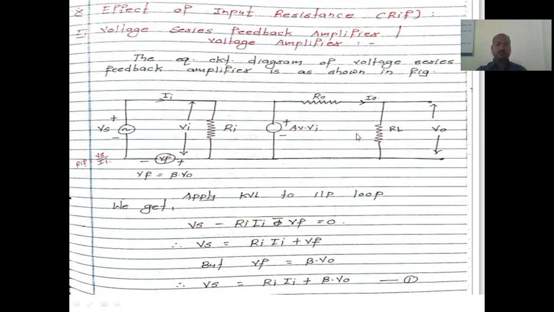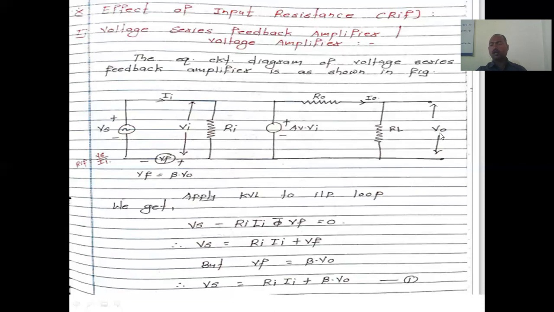Now, the voltage coming across the output is V0, but this is a feedback network. A feedback network indicates that some part of the output is again applied to the input. Vf is that part of the output applied to the input. The feedback value is the feedback factor times the output voltage.